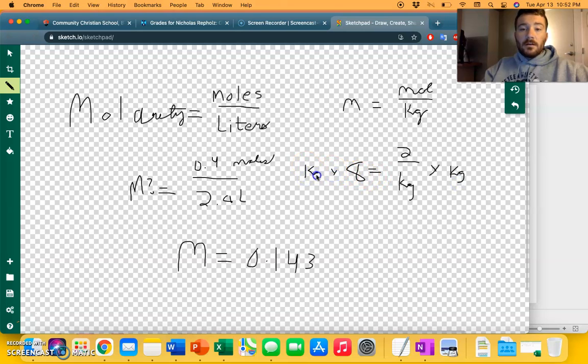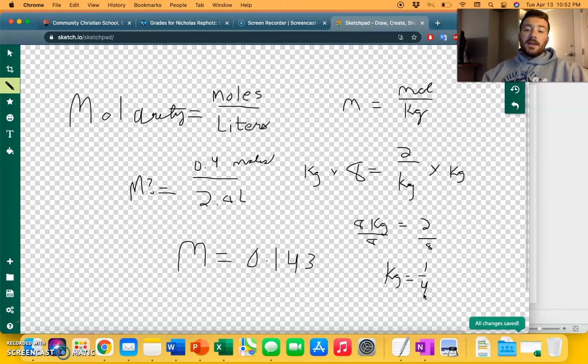Then we have 8 kg equals 2. We divide by 8, and we have the amount of kilograms, or the mass, is 2 over 8, or we could simplify that to 1/4. So this solution has a quarter of a kilogram as its mass.